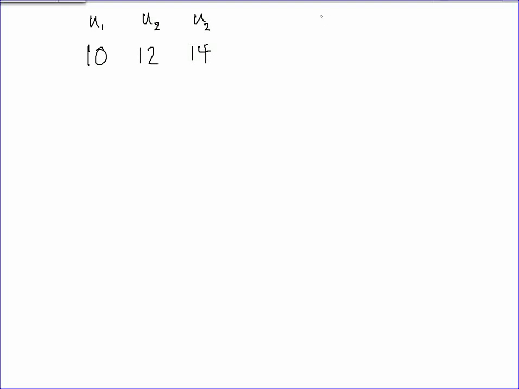So if I get to the 10th, I will have U10, and when I get to any general term, I'll have Un, the nth term. I start at the beginning, U1, and I add differences, in this case 2. I always add n minus 1 differences, and this tells me how to jump into a sequence or series.